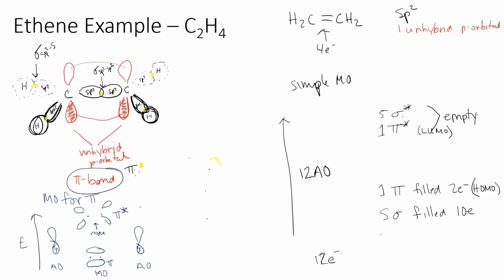So one of the things that you want to remember is anytime we have a double bond, we are going to have 2 electrons in a sigma molecular orbital, and we will have 2 electrons in a pi molecular orbital. And that is what really defines the double bond for us. 2 on the direct overlap, so 2 in a sigma type overlap, and 2 in a pi type overlap.